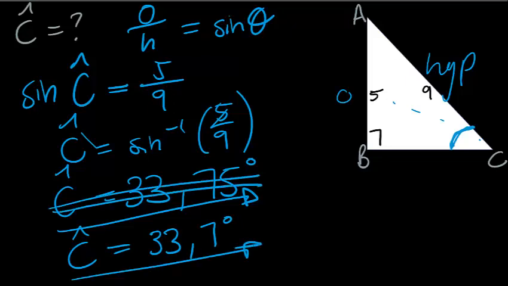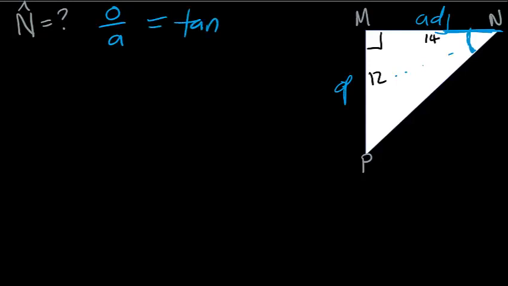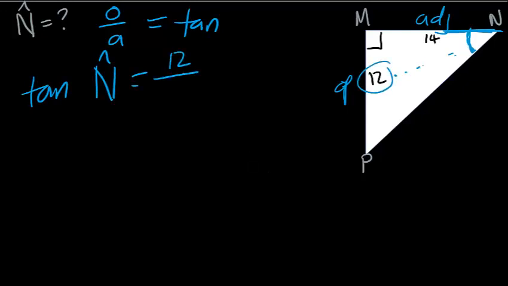Okay, last question for today. What is angle N? N is over here. What do you have? Along the side of N, we have adjacent, and opposite N, we have opposite. So opposite over adjacent is tan. Tan of angle N is going to be equal to opposite 12 over adjacent 14.